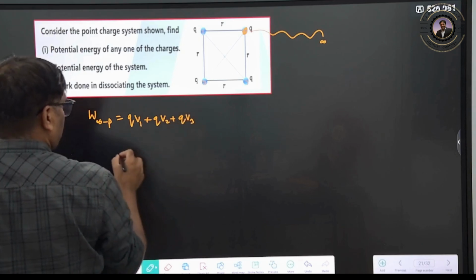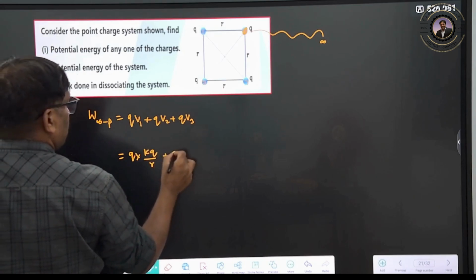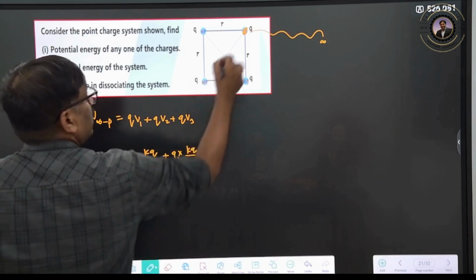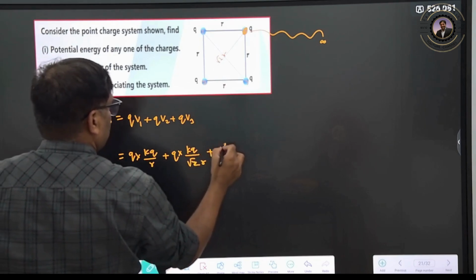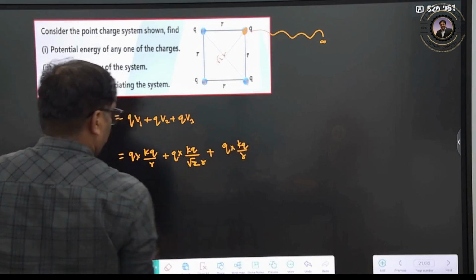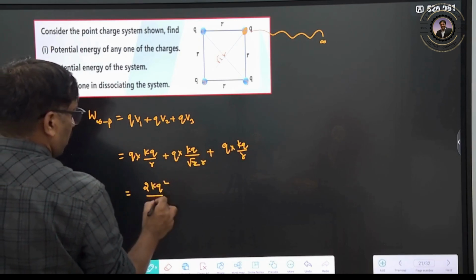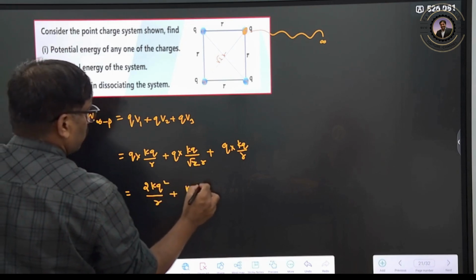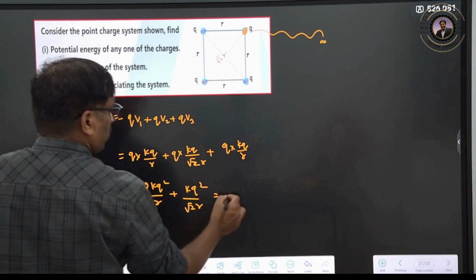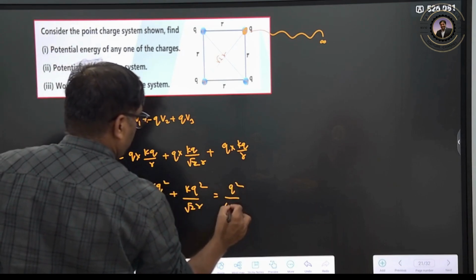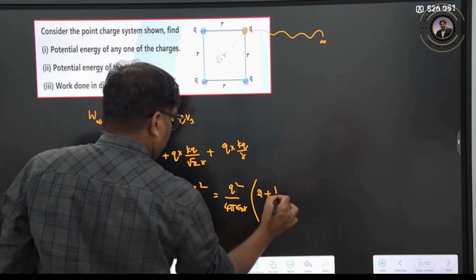Q due to V1 is how much? KQ by R, plus Q into KQ by root 2 into R, plus Q into KQ by R. So what will you get? 2KQ square by R plus KQ square by root 2 into R. What you can write is KQ square by R, that is Q square by 4 pi epsilon naught into R, common. So 2 plus 1 by root 2.